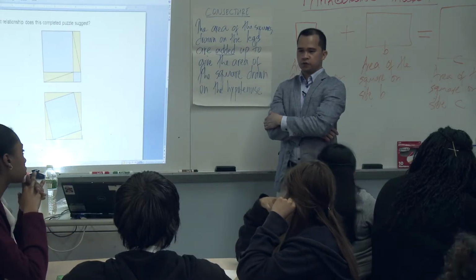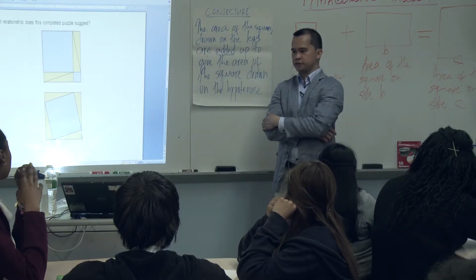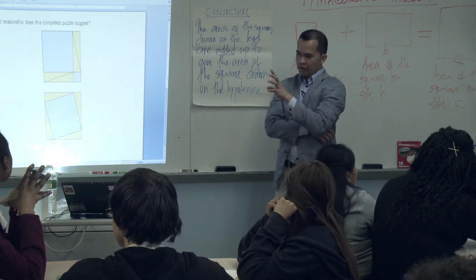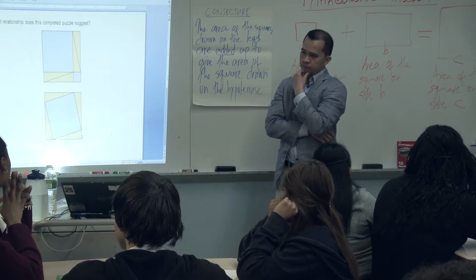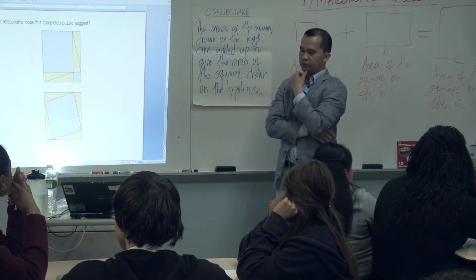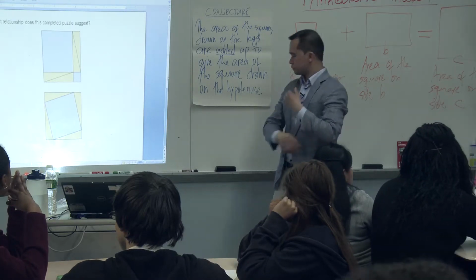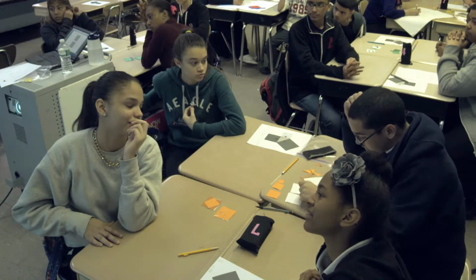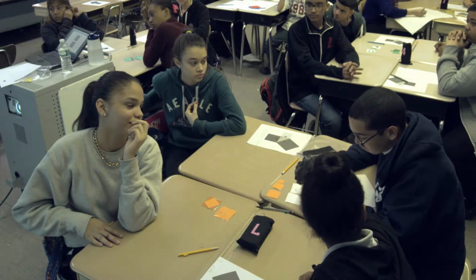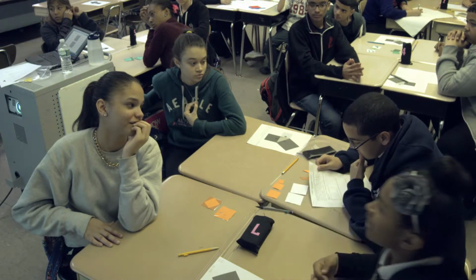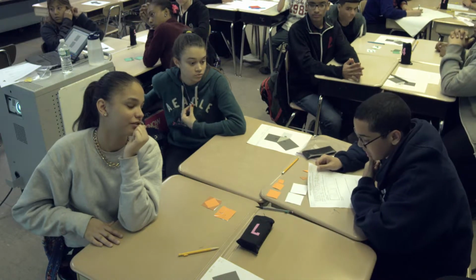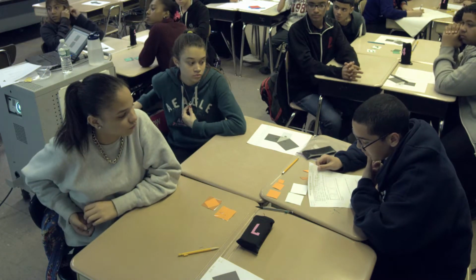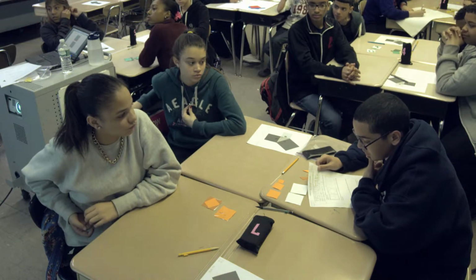There are 6 groups here, so where are the other presenters? Michael's group, were you able to put that conclusion together? Why don't you share it with the class, please? We observed that the side length of one of the squares was equal to one of the side lengths of the triangle.